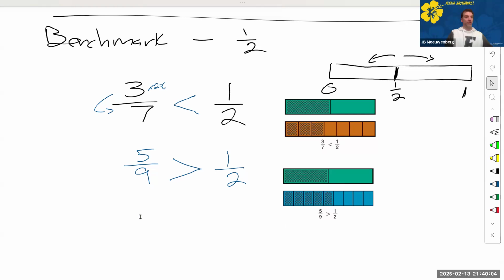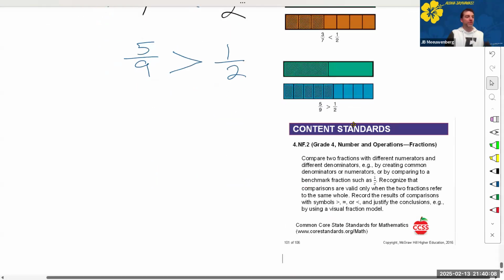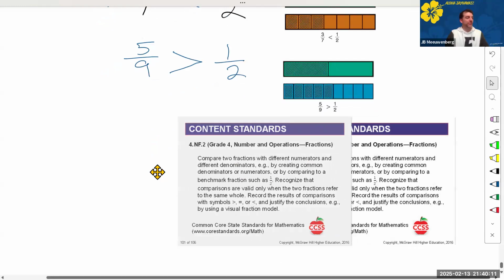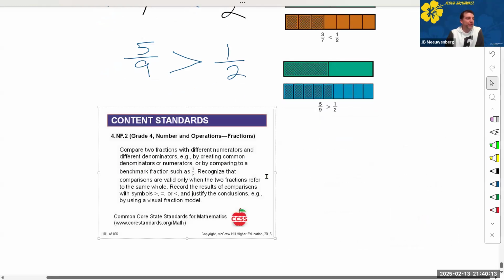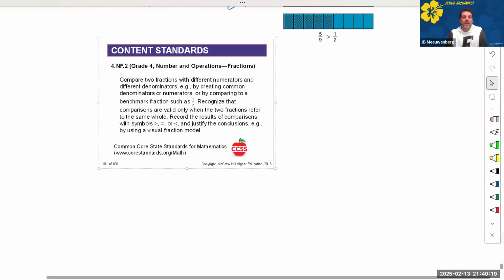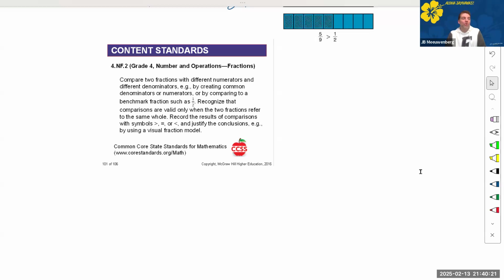right in the content standards for grade 4 by the Common Core standards, compare two fractions with different numerators and different denominators by comparing to a benchmark fraction such as 1/2.